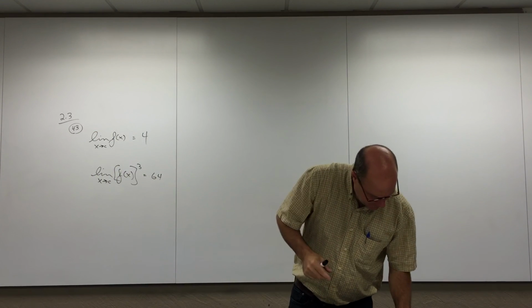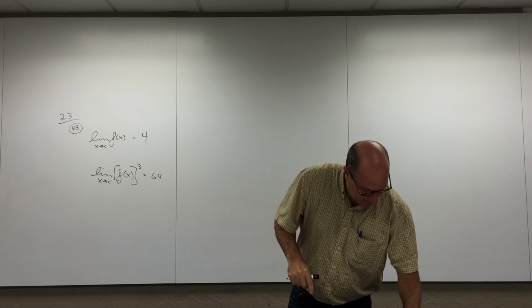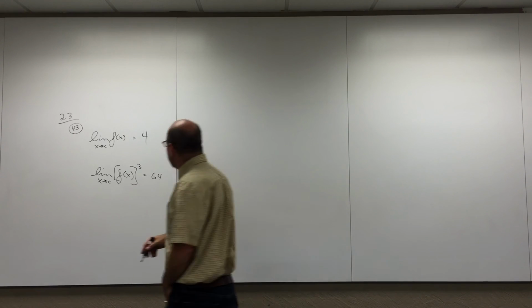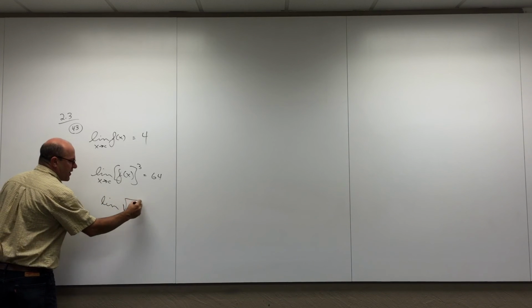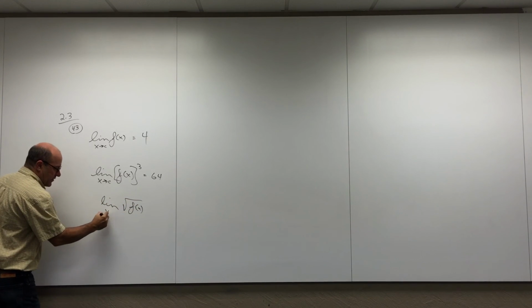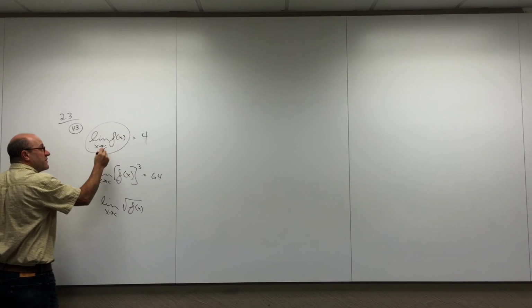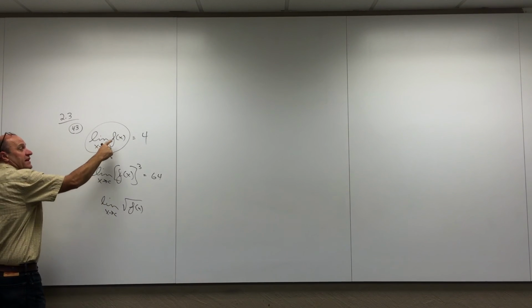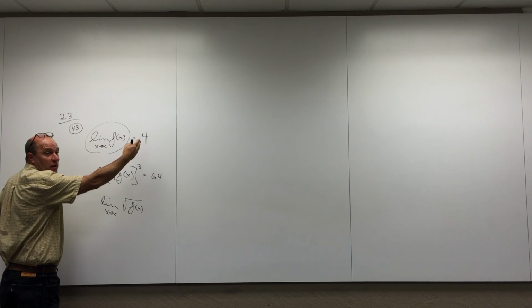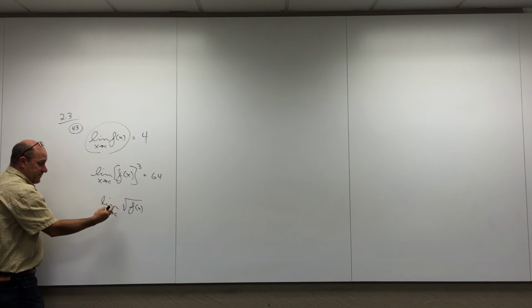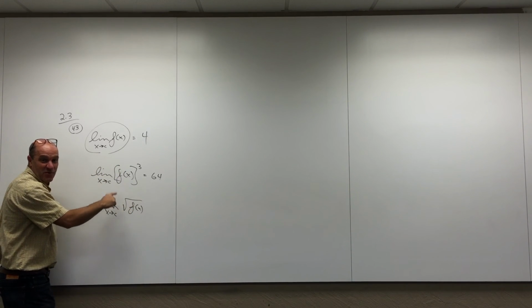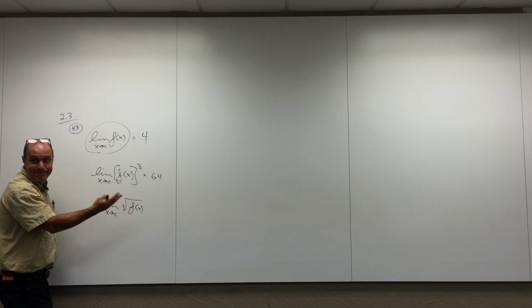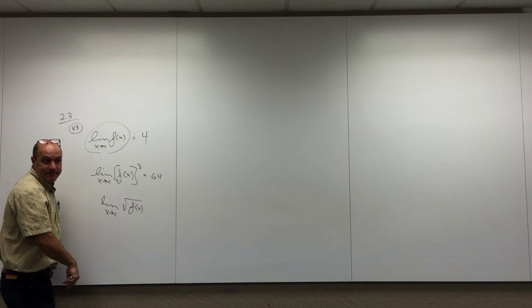What's the next? Oh, yeah. Same idea, the idea of plugging it in. The next one is the limit of the square root of f of x as x approaches c. Again, if we got that 4 by plugging in c and getting the answer 4, then if you do that here, you would get a 4, but it'd be square rooted, so you get a 2.